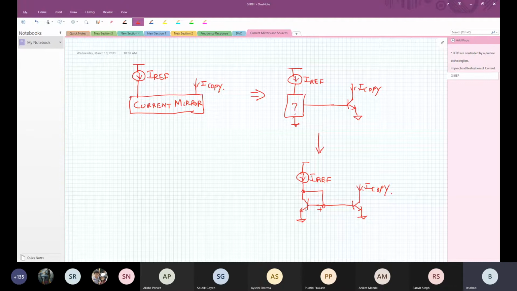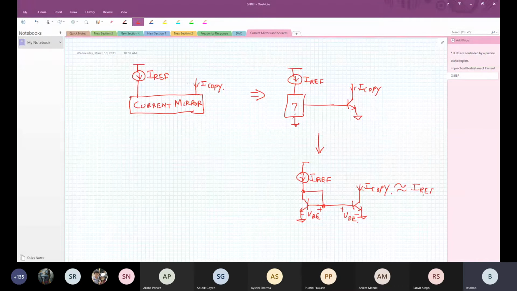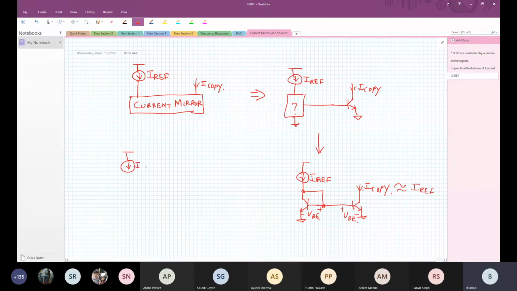The current flowing through this device is a function of VBE, and exactly the same VBE is maintained across this. So therefore this makes an exact copy; I copy will almost be equal to IREF. We'll tell you why we say almost. And the same thing can be done with the MOSFET counterpart, which is going to be exactly the same thing. IREF, so you have this thing.